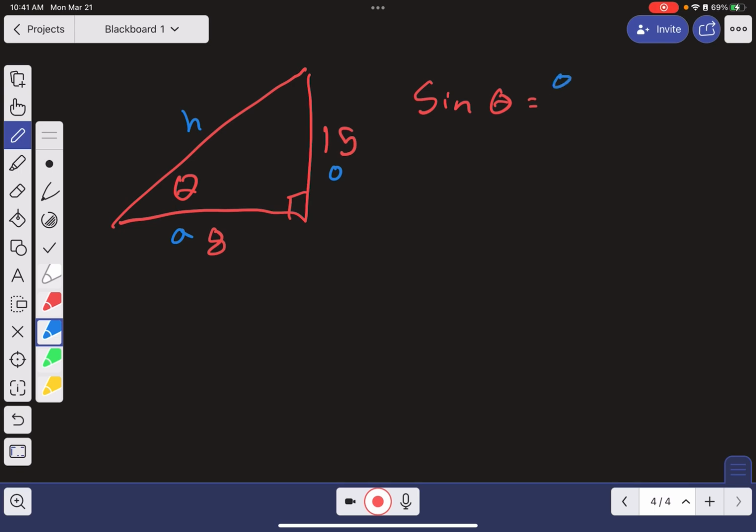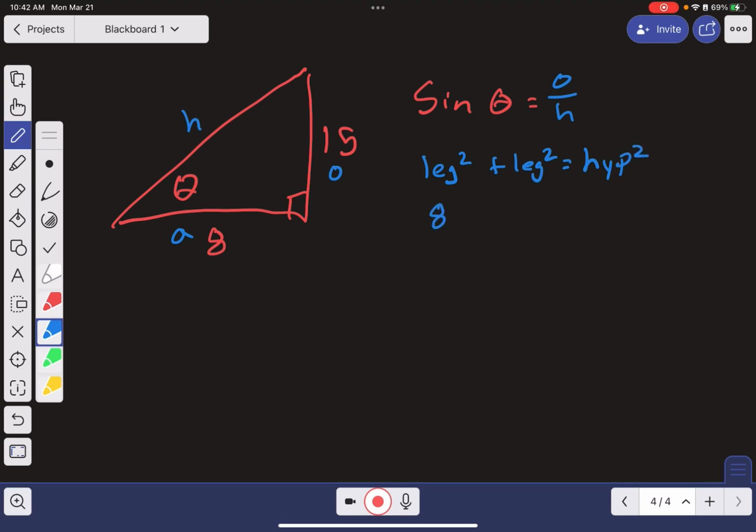But sine is equal to opposite over hypotenuse. So that means I have to find it. But it's a right triangle. So because it's a right triangle, I can use the Pythagorean Theorem to find the hypotenuse. Remember the Pythagorean Theorem: leg squared plus leg squared equals hypotenuse squared.